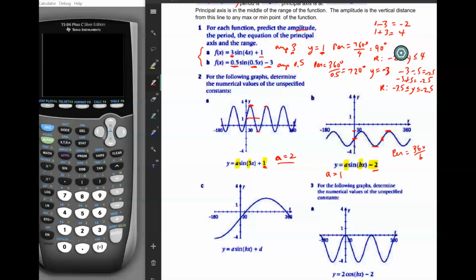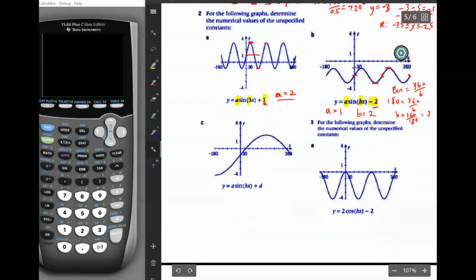And oh, look at that, 2 periods, 2 cycles fit perfectly into 360. So one cycle must be 180. So it must be 180 equals 360 divided by B. If we do some algebra and cross multiplication on this, we'll get B is equal to 360 divided by 180, so B is equal to 2.